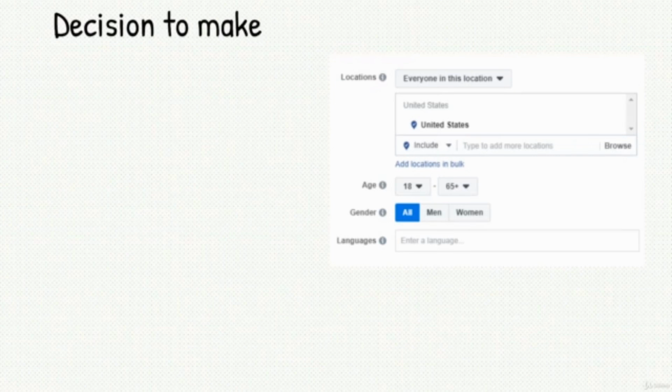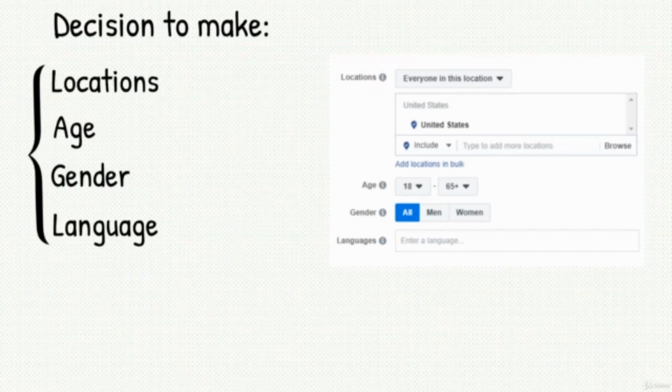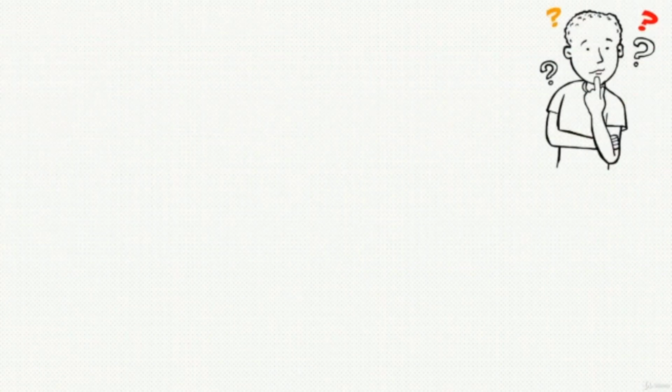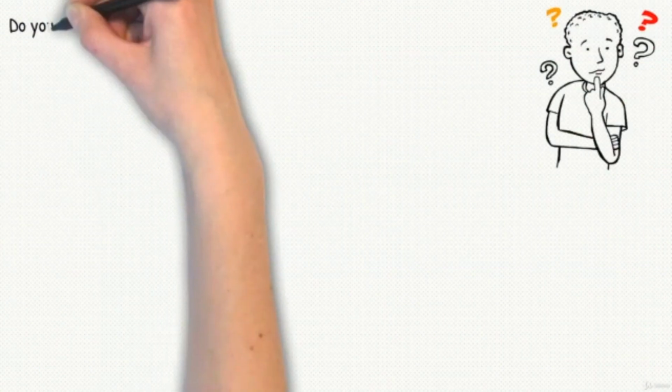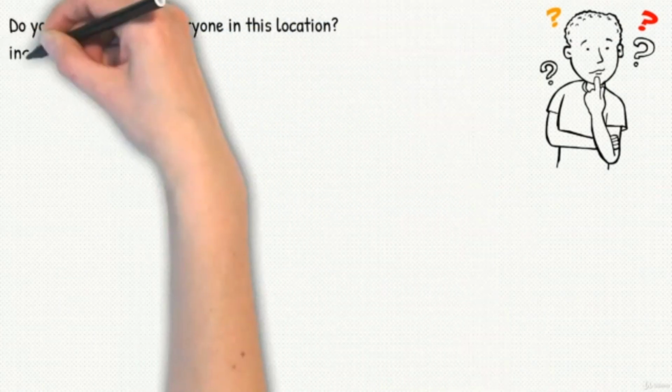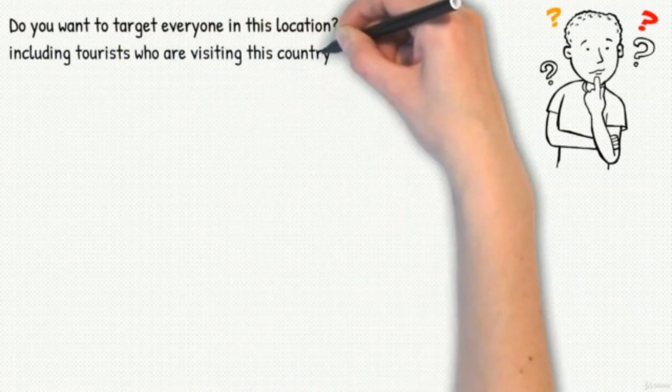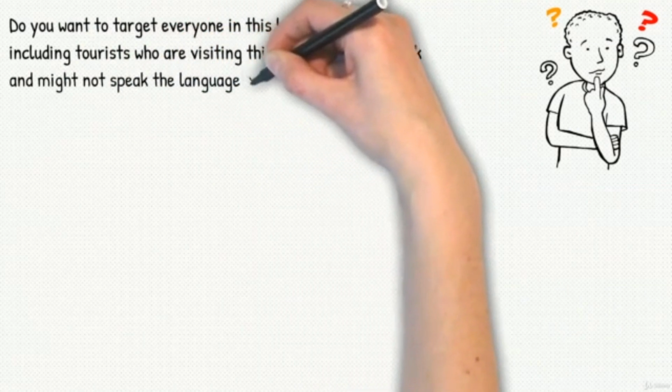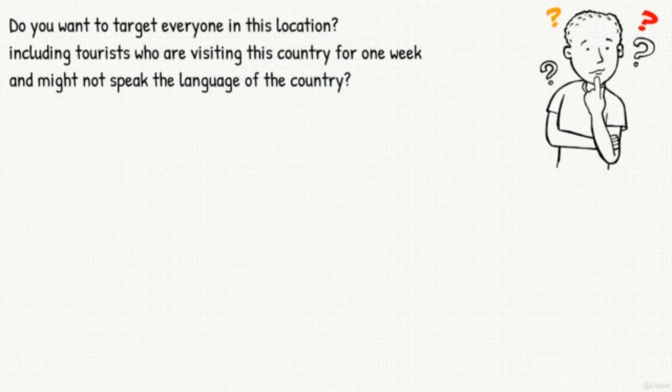Now, after choosing the country you want to market your product in, we have 4 important options, and to know how to deal with them, you have to ask and answer the following questions. So you have chosen your location, but do you want to target everyone in this location, including tourists who are visiting this country for 1 week and might not speak the language of this country?